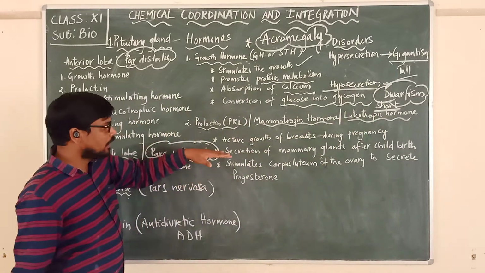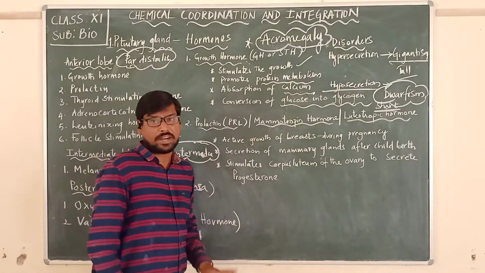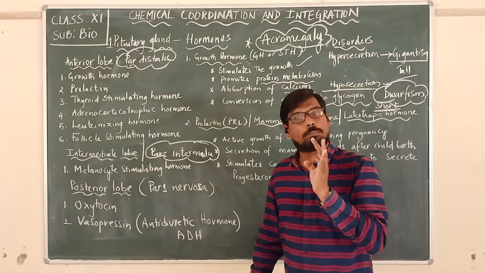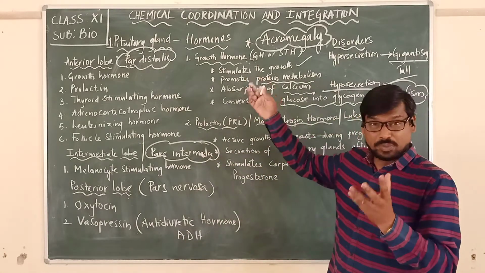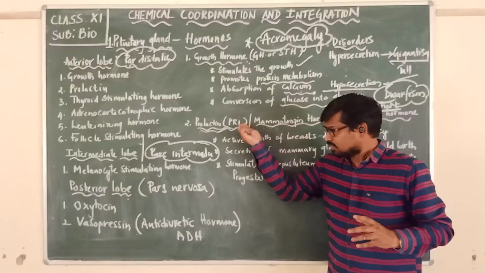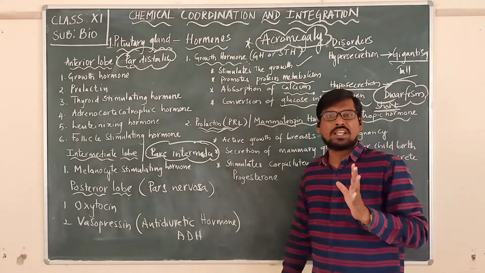So, what are the functions? The very first thing we have to remember is that prolactin is a hormone that is produced from the pituitary gland of the females. It is not seen in the males.